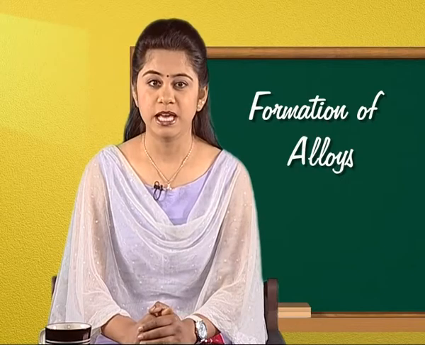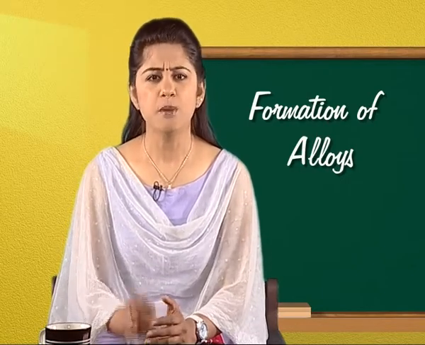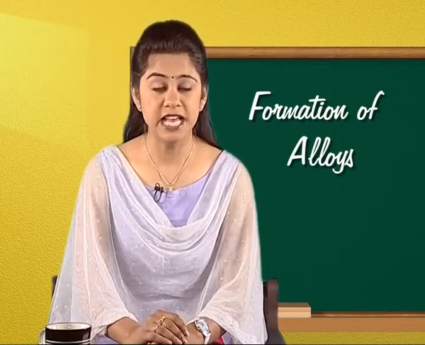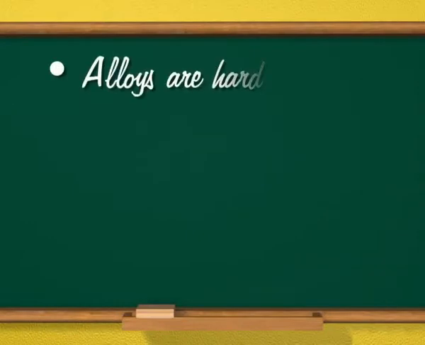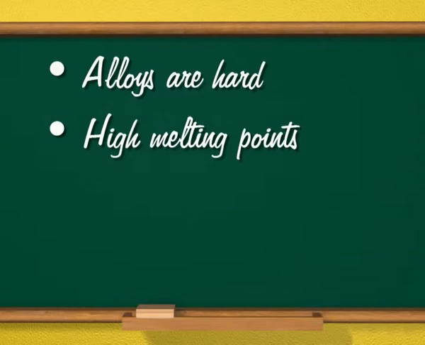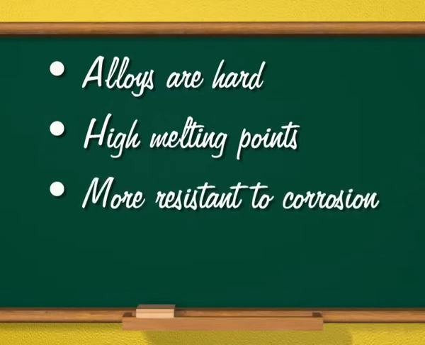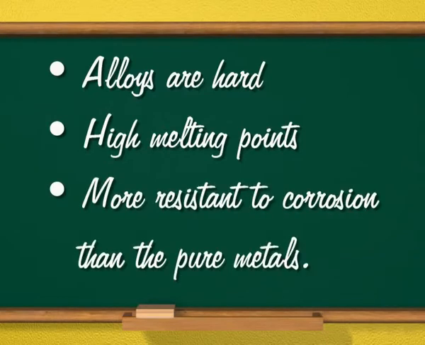Another is formation of alloys. Transition metals form a number of alloys. Such alloys are hard, have high melting points, and are more resistant to corrosion than the pure metals.